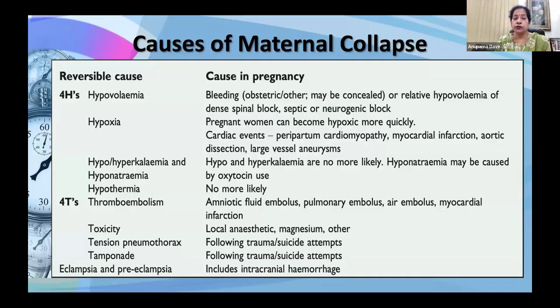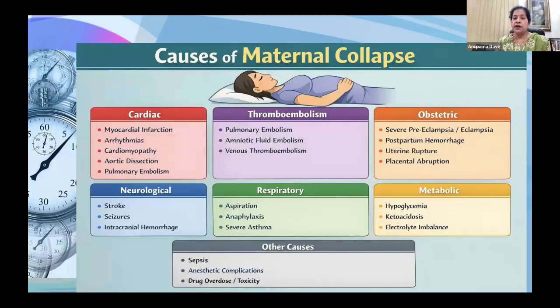Like if she's bleeding, it could be hypovolemia, or if she's a case of severe preeclampsia, it could be eclampsia and it could be intracranial hemorrhage. So at times we would be able to identify the causes. It also could be a cardiac event like myocardial infarction or due to thromboembolism. So these are the various important causes which we should keep in mind whenever we see a patient with maternal collapse.